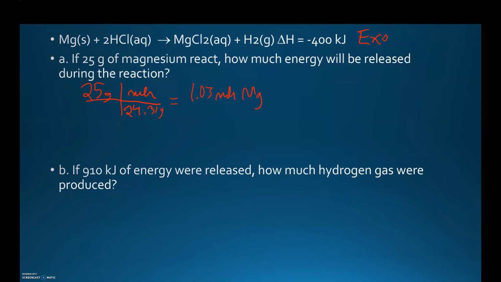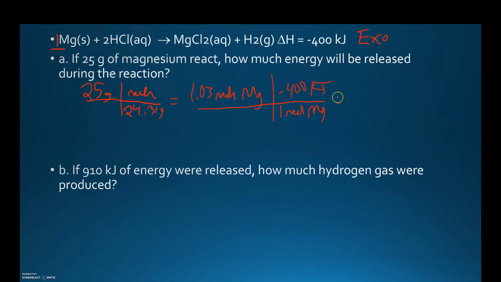The second thing we want to do is come up with a relationship for the amount of energy released during the reaction per mole of magnesium. If we look at the balanced equation, we see there's 1 mole. So for this particular reaction, the delta H is negative 400. That means for every 1 mole of magnesium, you release 400 kilojoules.